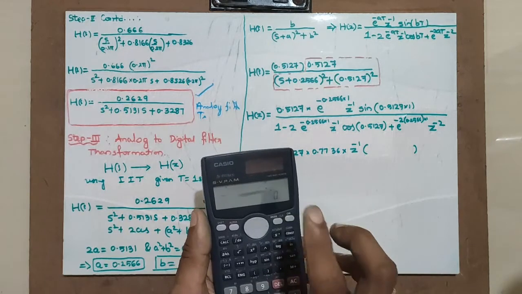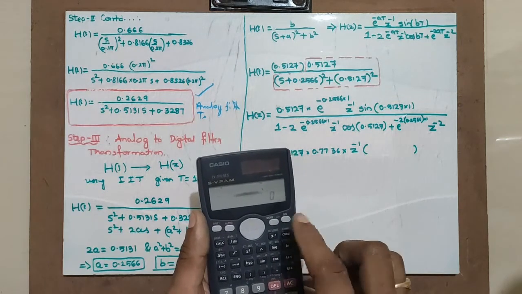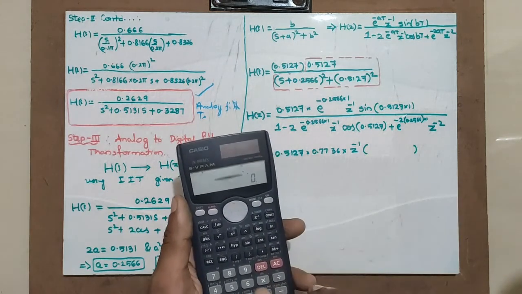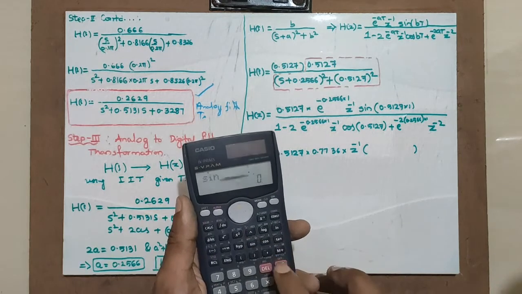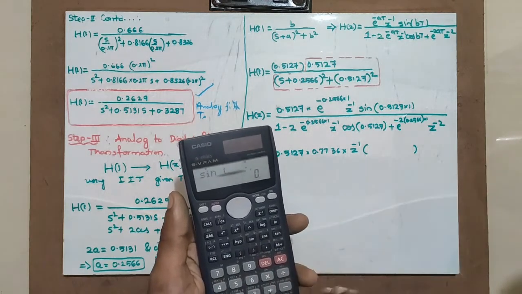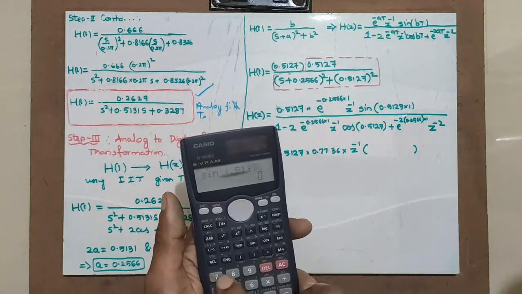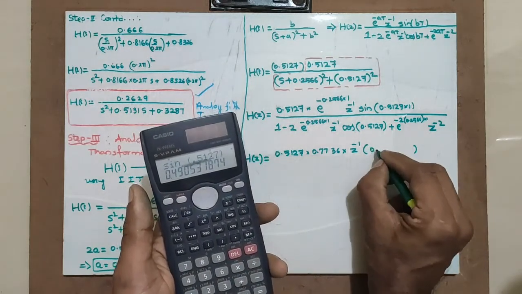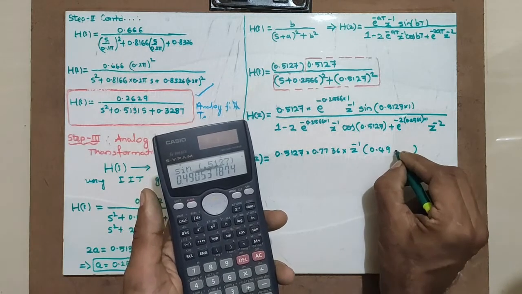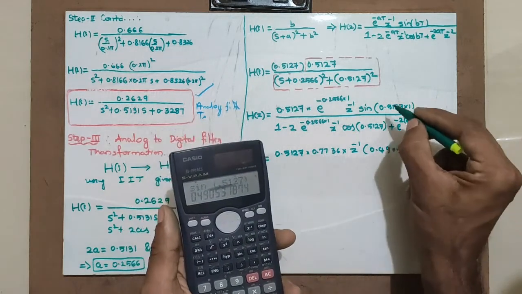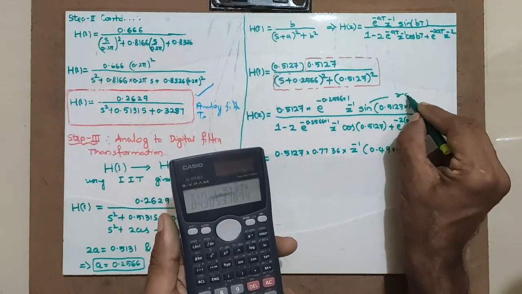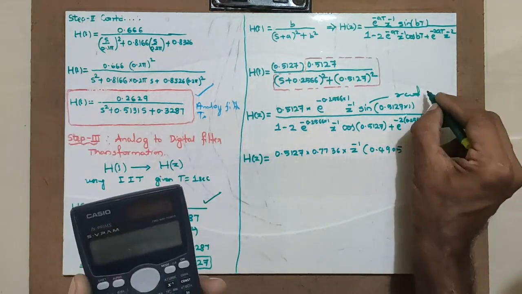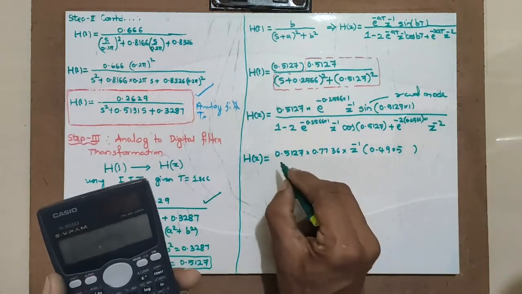Please note that if you are not in radians mode, you move to radian mode. Sine 0.5127 is equal to 0.4905. This is very important.